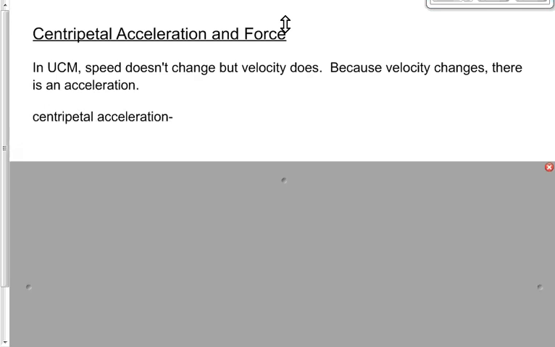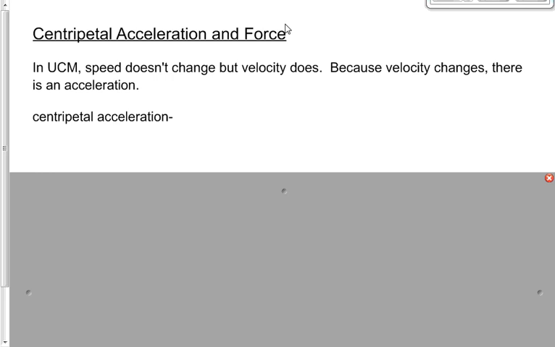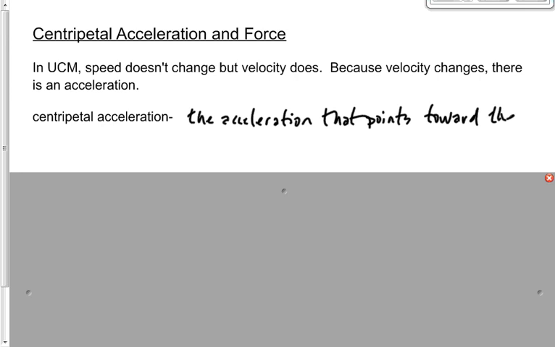We call it a centripetal acceleration. It's an acceleration, believe it or not, that points toward the center of the circle. It's kind of odd to think of that, an acceleration that points toward the center of the circle. But that's exactly what happens.